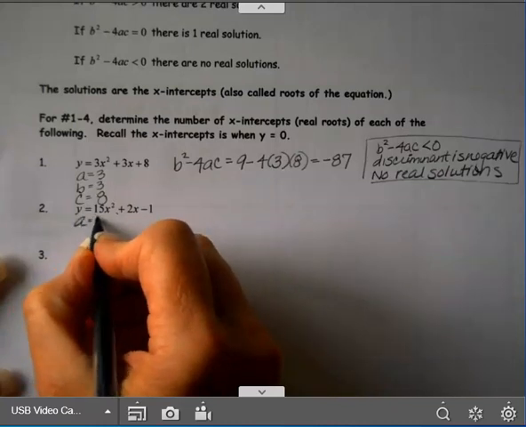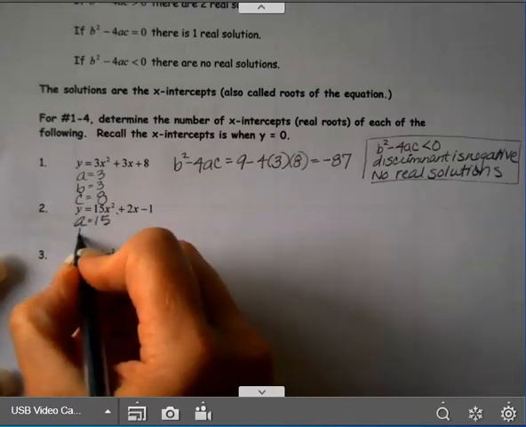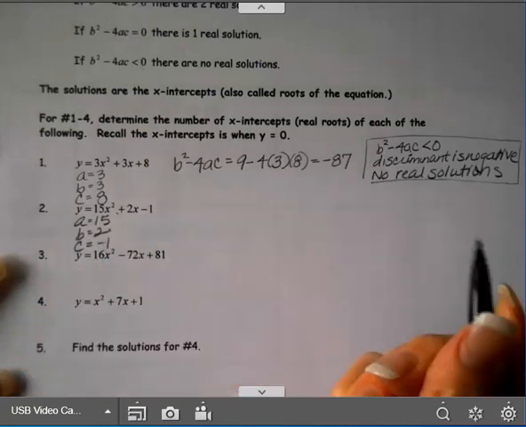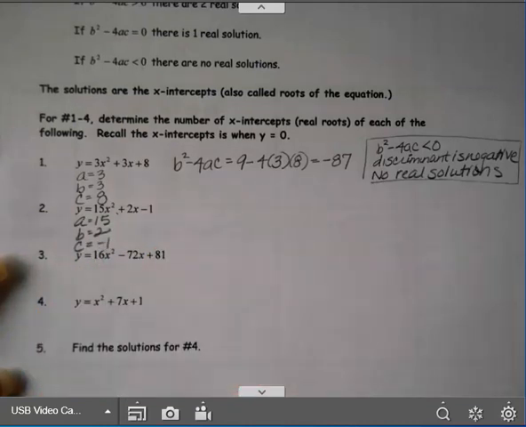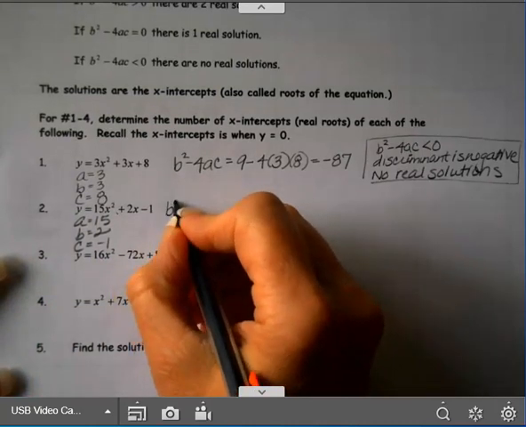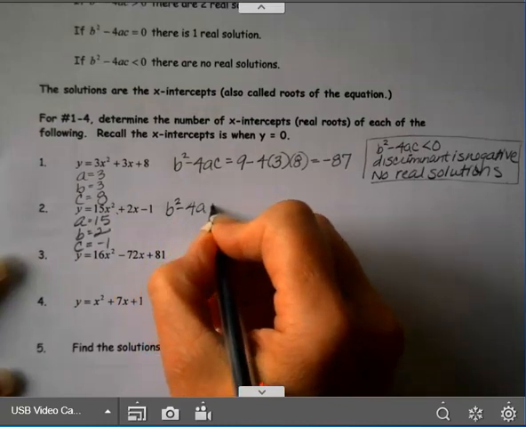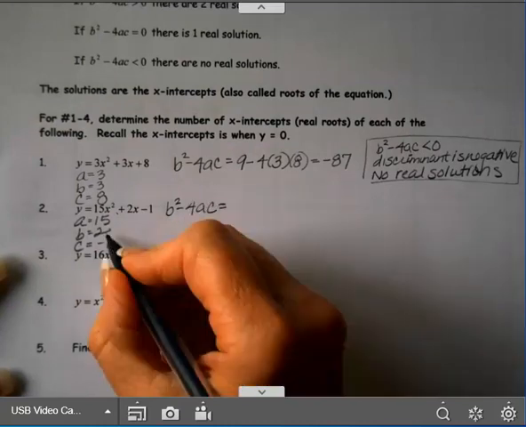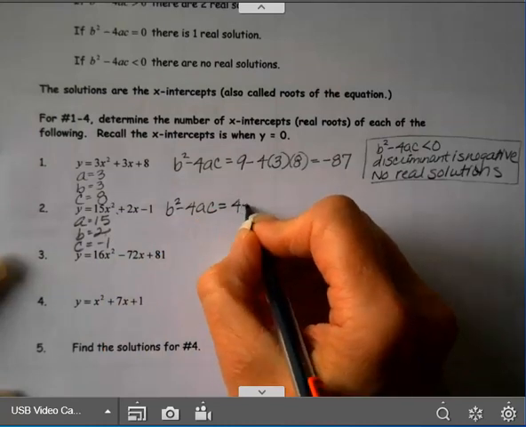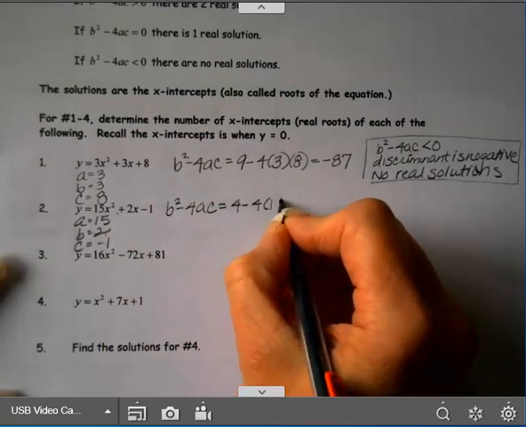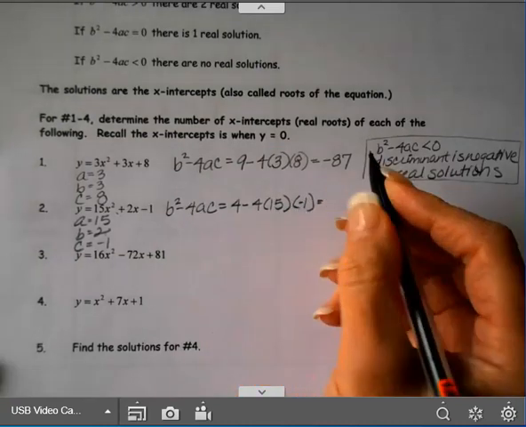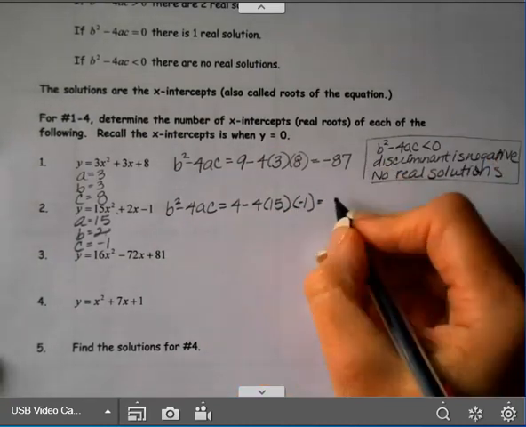On example 2, a is 15, b is 2, and c equals negative 1. And we're setting y equal to 0 in these when we solve them. My discriminant is b squared minus 4ac. That's how you find it. Square b, so that'll give you 4, minus 4 times a, which is 15, times c, which is negative 1. And when you type that in on your calculator, you'll get 64.